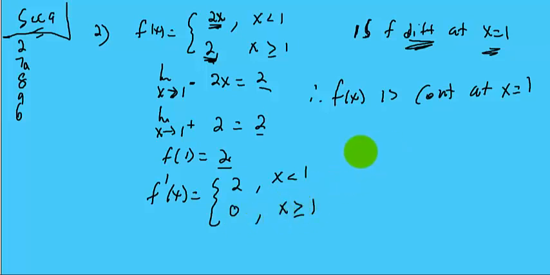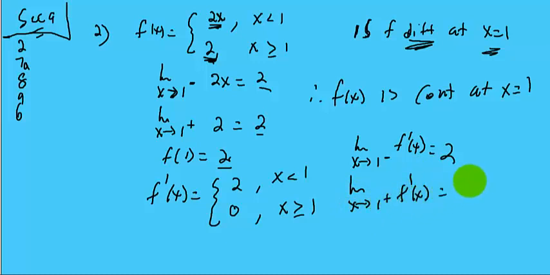So we're going to take a limit as x goes to 1 from the left side of f prime of x. That's what we're taking the limit of. Which one do you use for that? Top one. And that turns into, I don't want to be redundant, so what does that turn into when you use the top one? 2. Then we're going to take a limit as x goes to 1 from the right side of f prime of x.